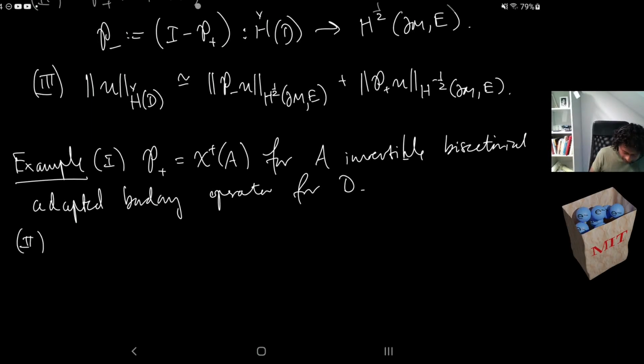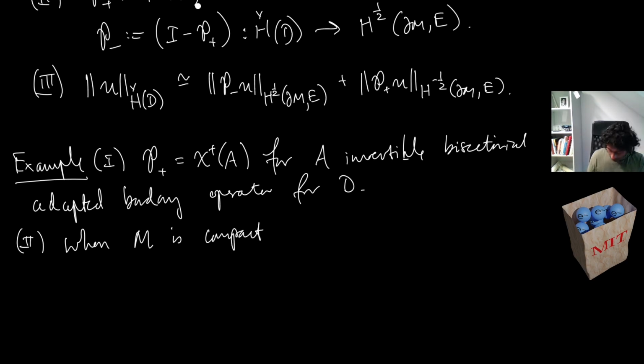The second example I want to give is what we saw very early on in the topic. When M is compact, we have P of C, a Calderon projector.